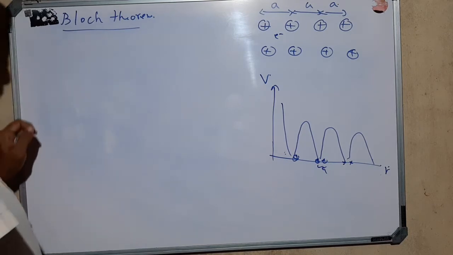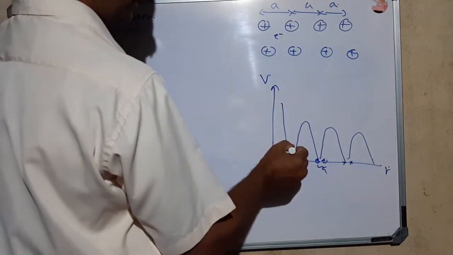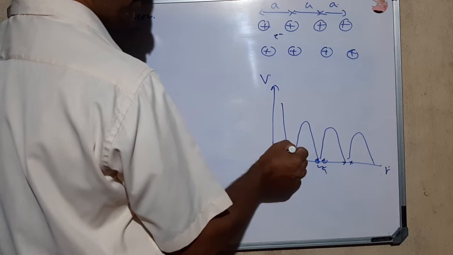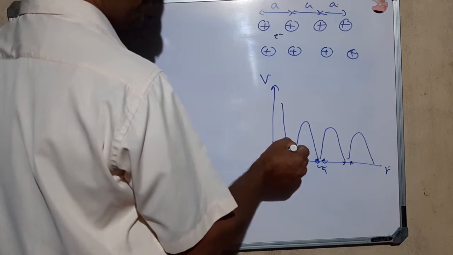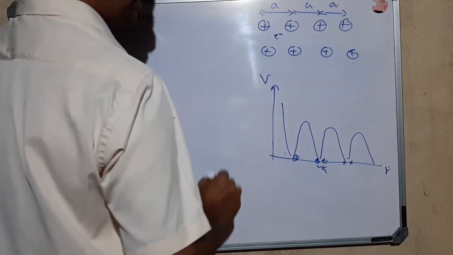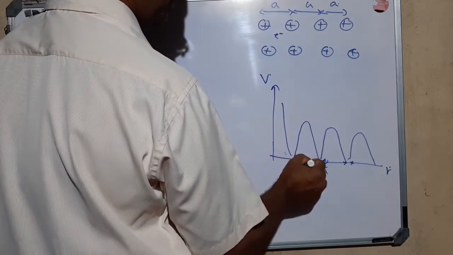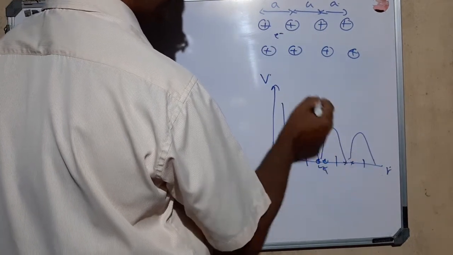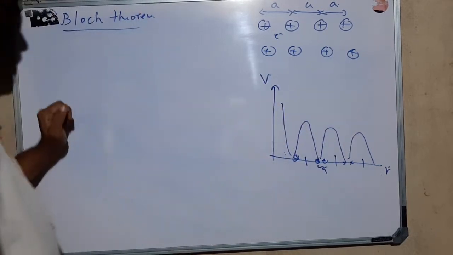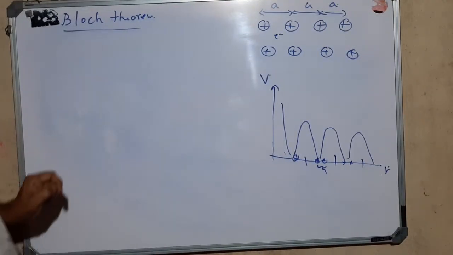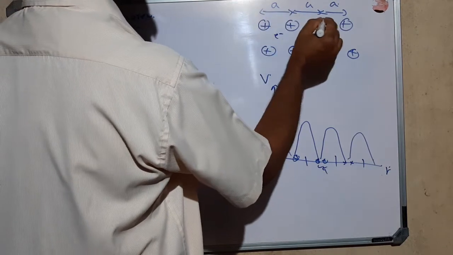So when the electron reaches nearer to a positive ion, its potential is decreased. When it is in between, its potential is increased. This is the meaning of this diagram. Here, that means electrons are moving.